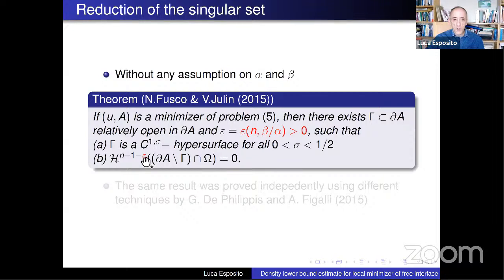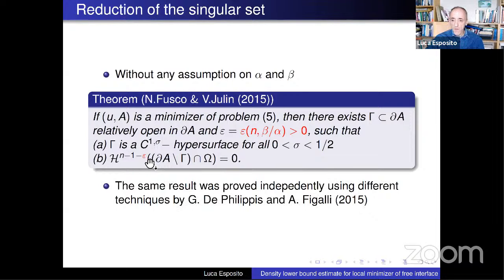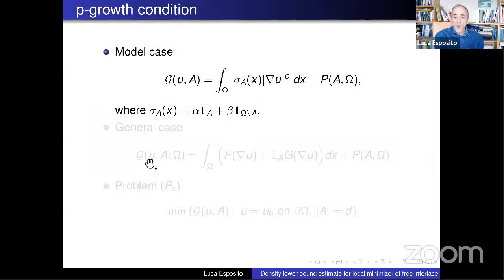And this is called the reduction of singularities, because you have much information thanks to the presence of this epsilon here. And this result was proved independently in the same year, but using a totally different technique, by De Filippis and Figalli. And now I want to come to the new part. There are few results under these assumptions.